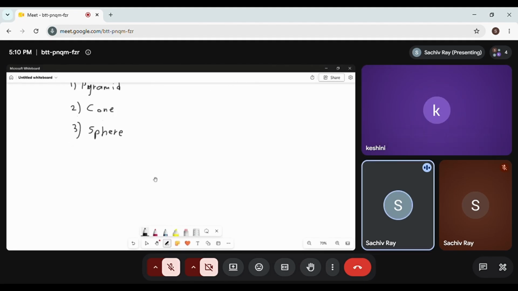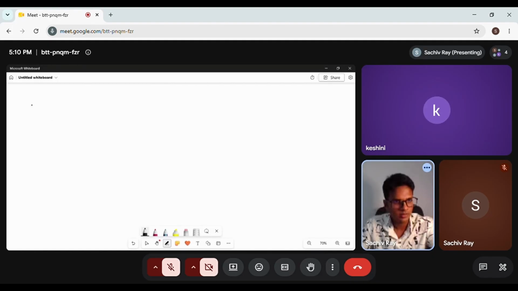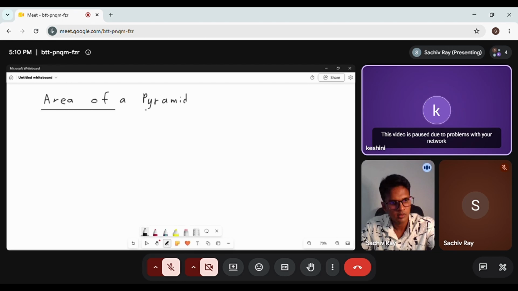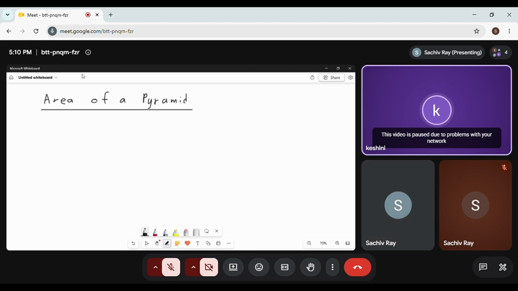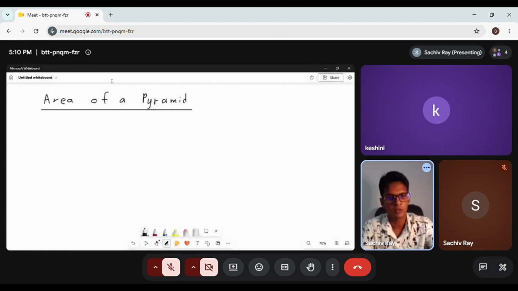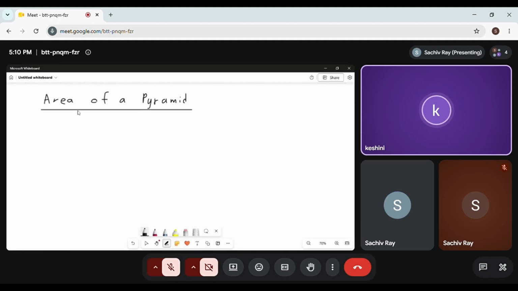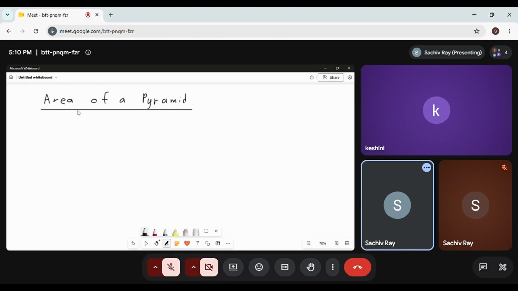So we can write the first topic as area of pyramid. Okay, right. How can we do this?